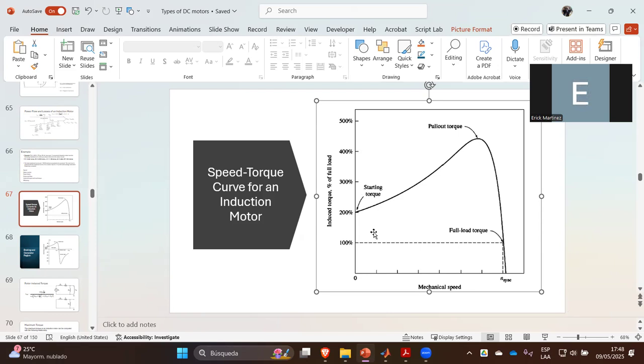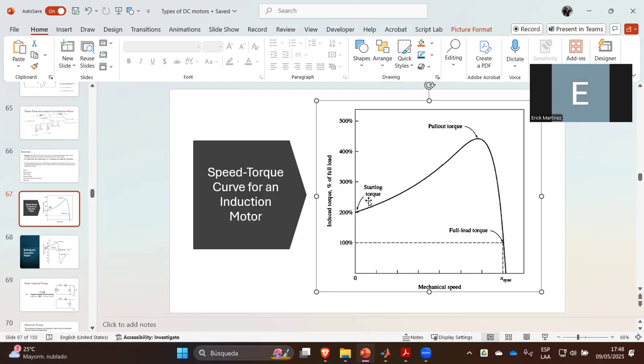The starting torque, if we analyze this graph, indicates that when you start powering the motor, the torque that it produces is much higher than the torque that the motor needs in order to move continuously any load.